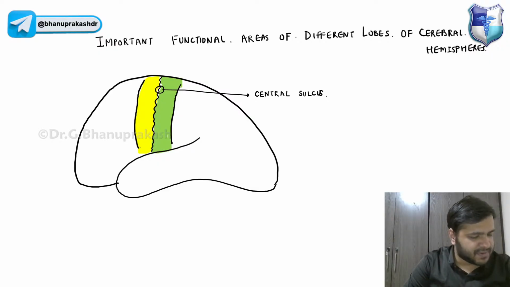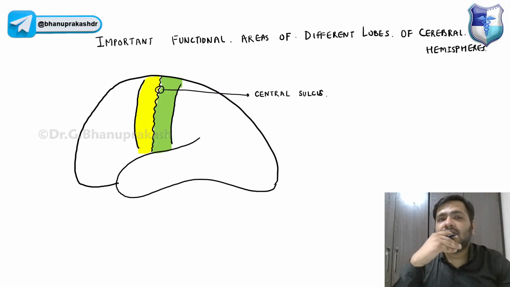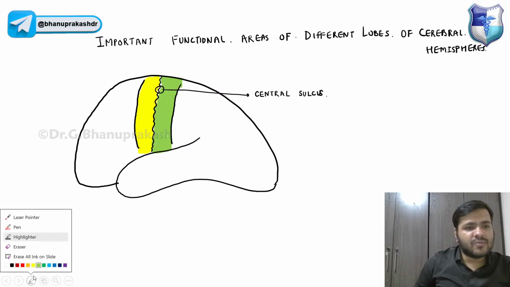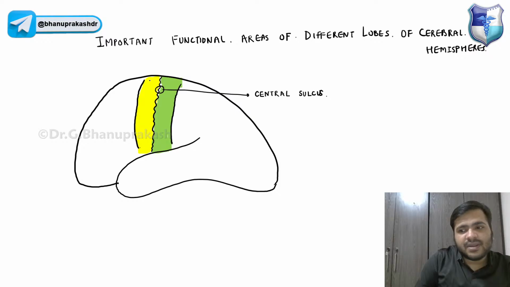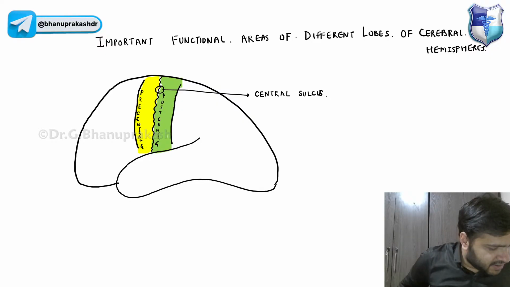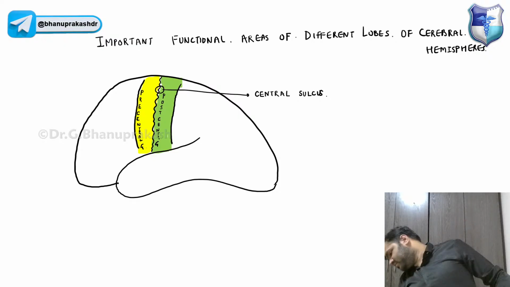Very good, Raj Patel. We have the pre-central gyrus and the post-central gyrus. ये तो सबको पता ही है, अभी हमने पढ़ा ही था कि ये pre-central gyrus है, right? We have this pre-central gyrus and we have this post-central gyrus. Pre-central and post-central gyrus, right? So that is something you guys already know.